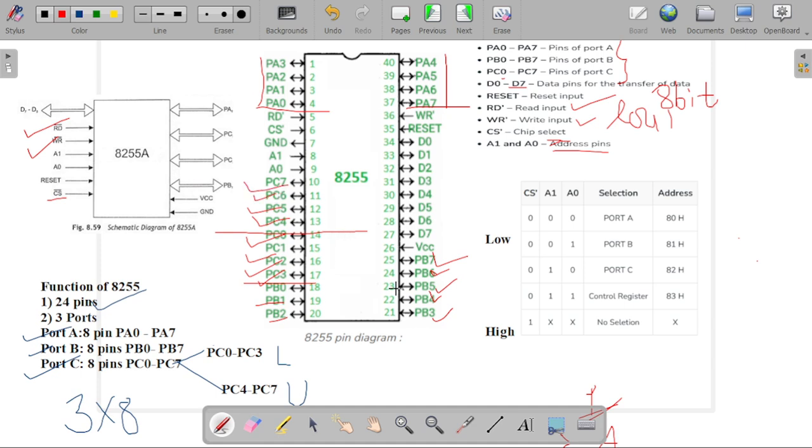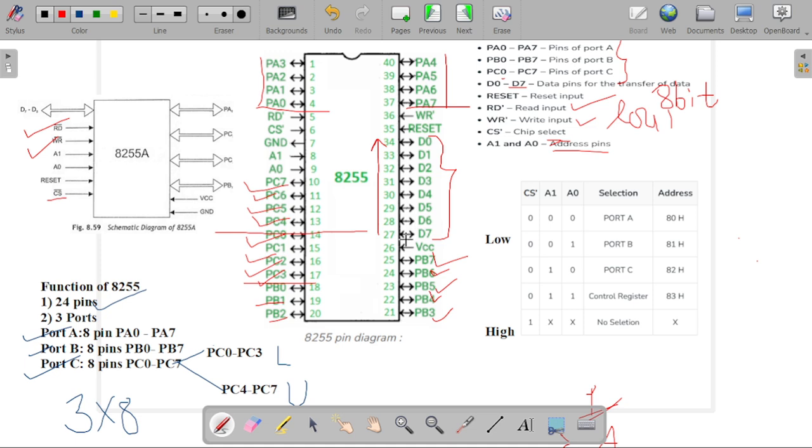Now what is remaining? Our data lines are remaining, which are given at pin number 34 down to pin number 27. We write pin number 34 as D0 and pin number 27 as D7.